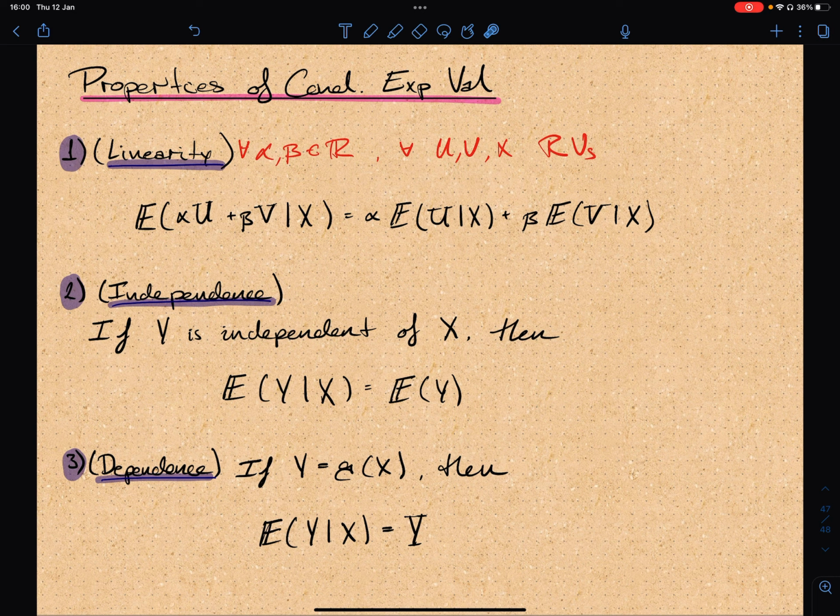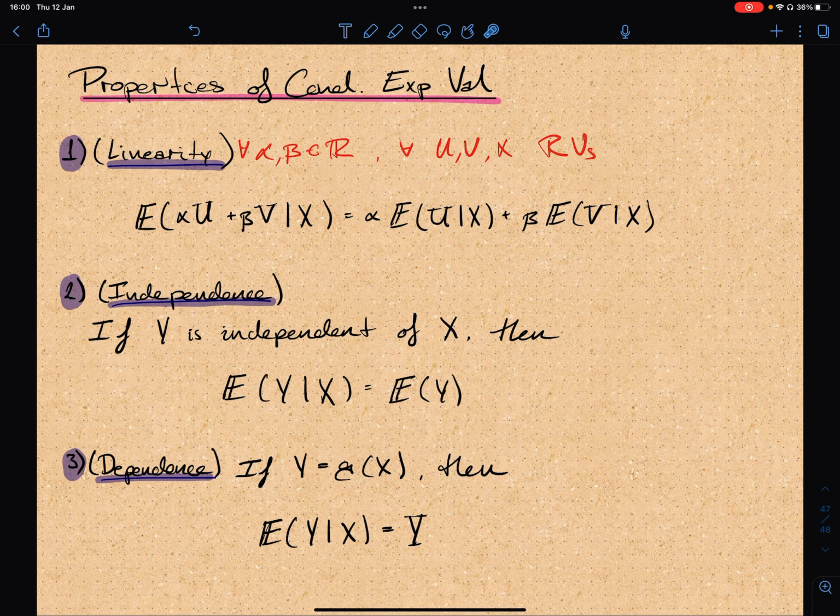If we're given x and we want to approximate y, well, we know how y depends on x, so we can just compute y directly. So y is completely determined by x, and the approximation is just the value of y. So our conditional expected value is going to be y.